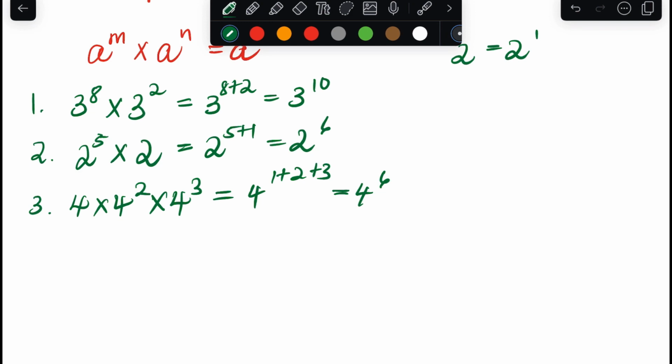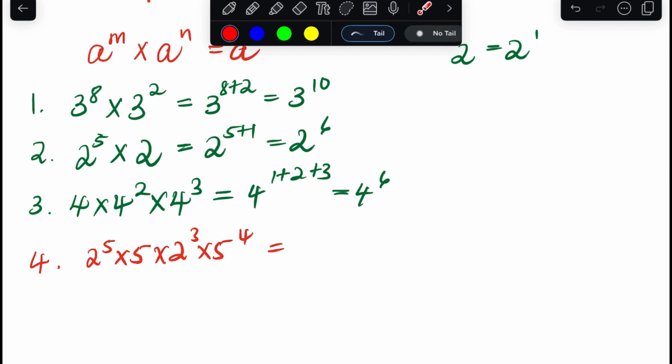Now let's take this example, where we have 2 to the power 5 times 5, and then times 2 to the power 3 times 5 to the power 4. What is going to happen now? We have two bases here: a base of 2 and a base of 5. So we're going to start with the base of 2.